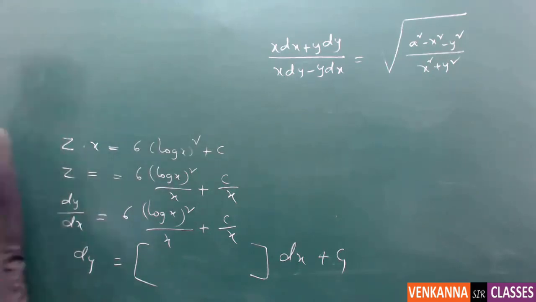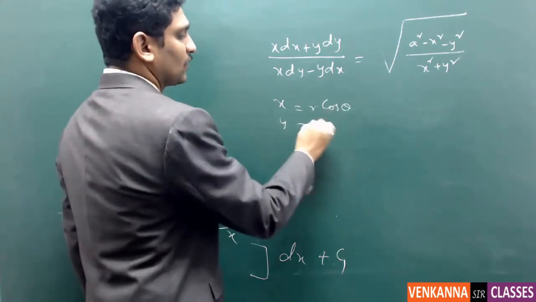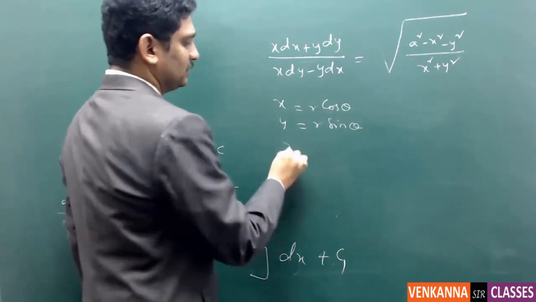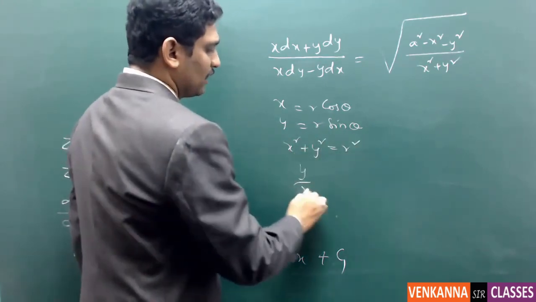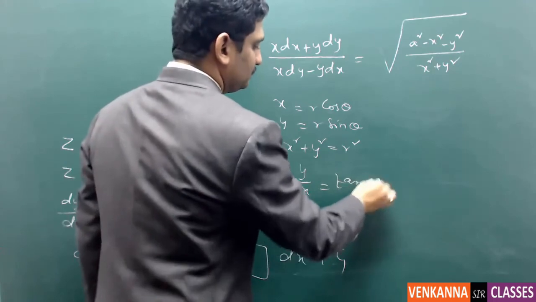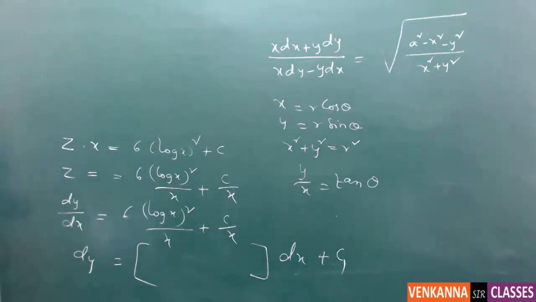So I say that you take x is equal to r cos theta, y is equal to r sin theta, x square plus y square equal to r square, and y by x is equal to tan theta. We do these usual substitutions there.